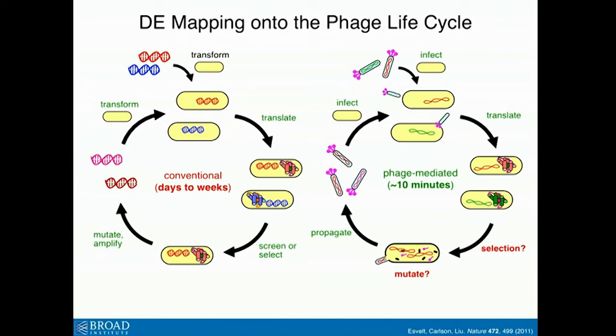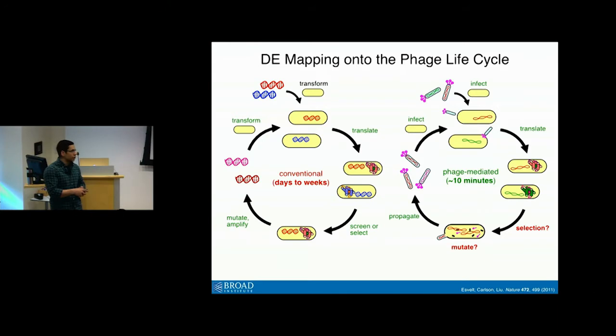So in the case of the M13 bacteriophage, which is a virus that infects and propagates through E. coli, it can carry genetic information, translate it into functional form, and then result in the production of viral progeny and iterate the cycle once every 10 or so minutes. And so the fact that this undergoes this cycle multiple orders of magnitude faster than what we do at the bench suggests that maybe this is a viable strategy to be able to do directed evolution.